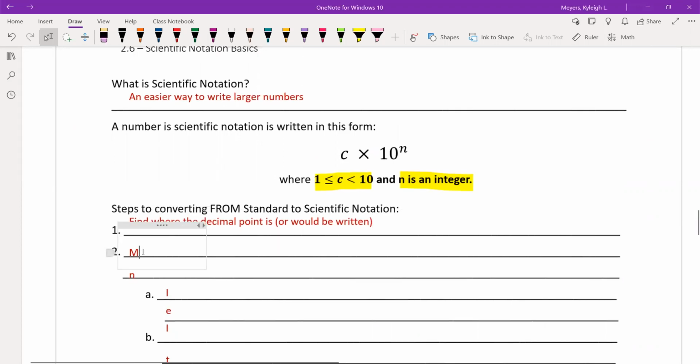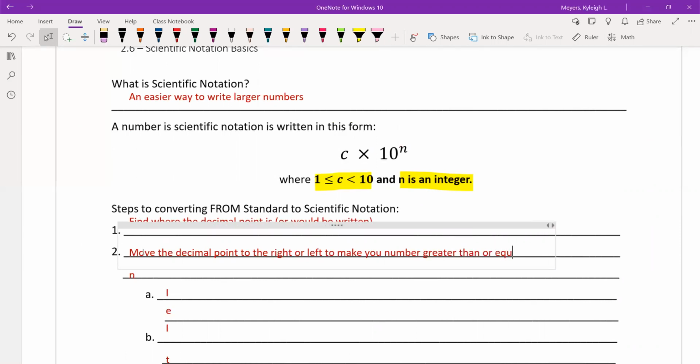Okay, and then you have to move the decimal point to the right or left to make your number greater than or equal to 1, but less than 10.